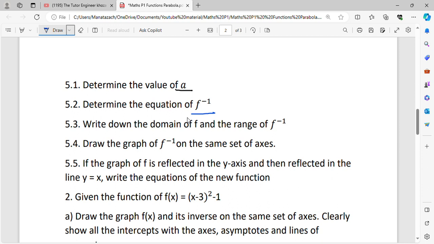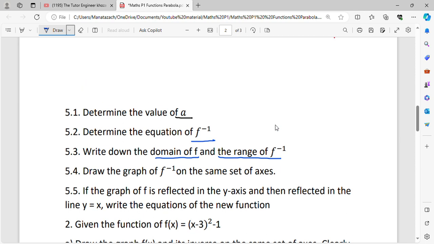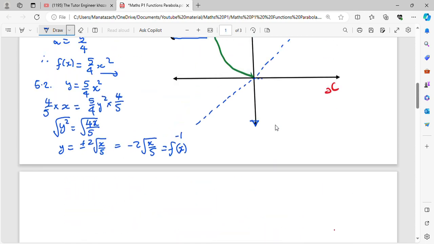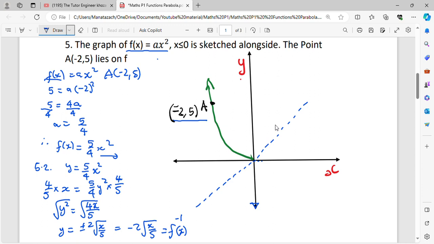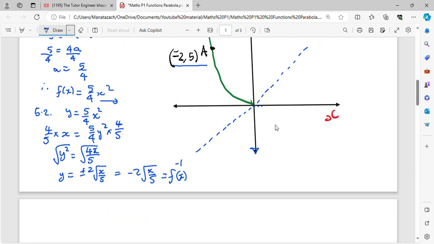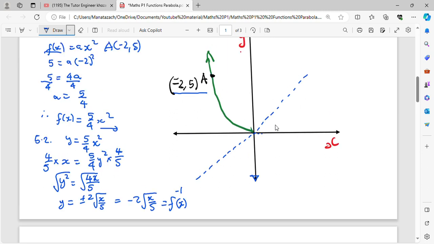Write down the domain of f and the range of the inverse. So 5.3, let's just write it closer to the graph so that you see. Okay, let's write 5.3 here.